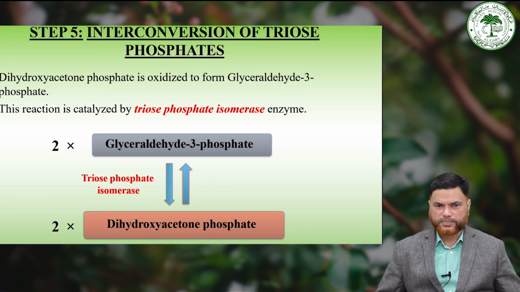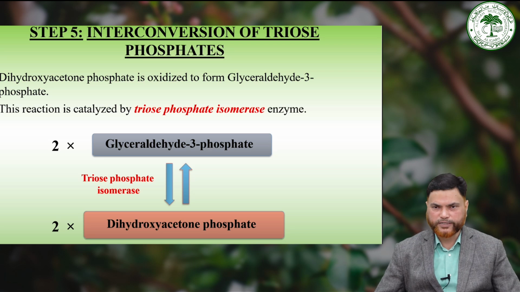Now, step 5: you see that the enzyme triose phosphate isomerase, or TPI, basically facilitates the conversion between the 2 triose phosphates generated by the preceding reaction, namely glyceraldehyde 3-phosphate and dihydroxyacetone phosphate.